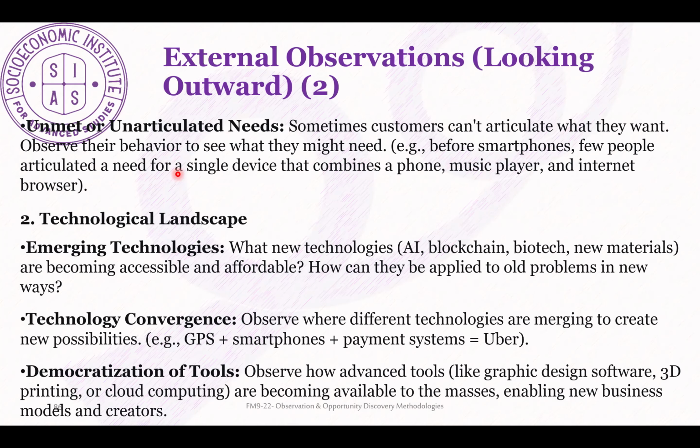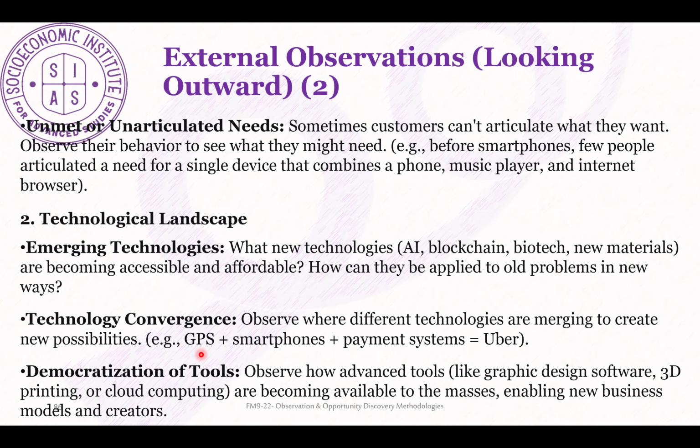The technological landscape, for example, the emerging technologies and what they are offering, like AI, blockchain, biotech, and new materials, are becoming accessible and more affordable. So again, how can we bring this to solve an old problem in a different way? Sometimes we observe technological convergence, where different technologies are merging to create new possibilities.